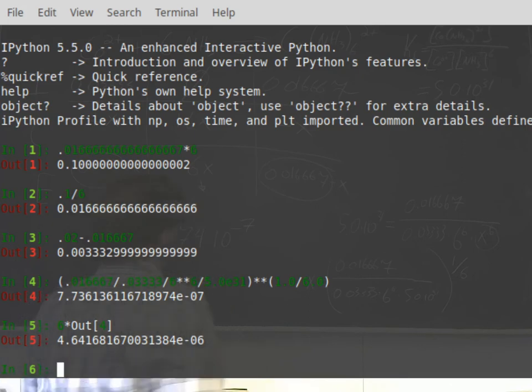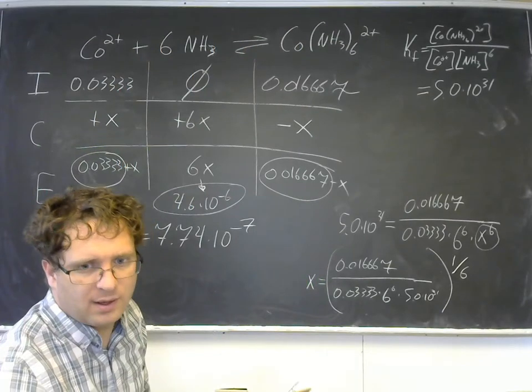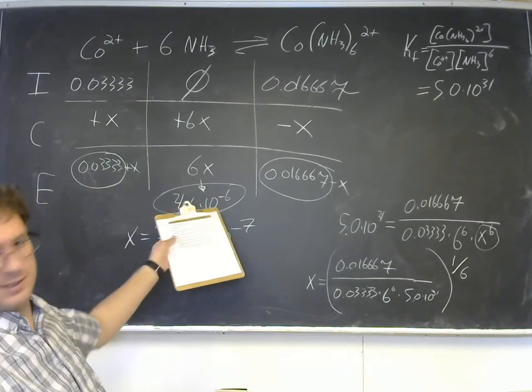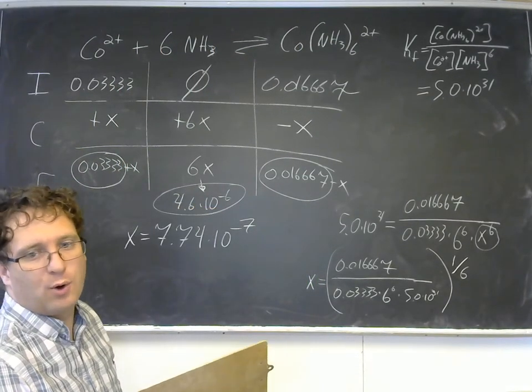We only get 2 sig figs really. So 4.6 times 10 to the negative 6th is the concentration of the ammonia.